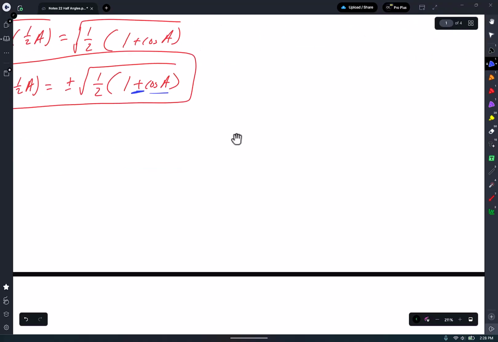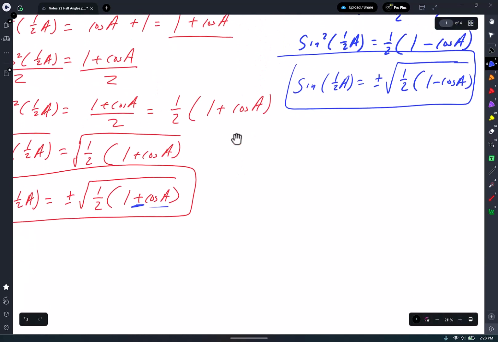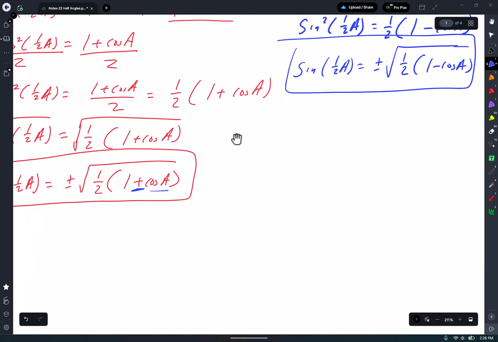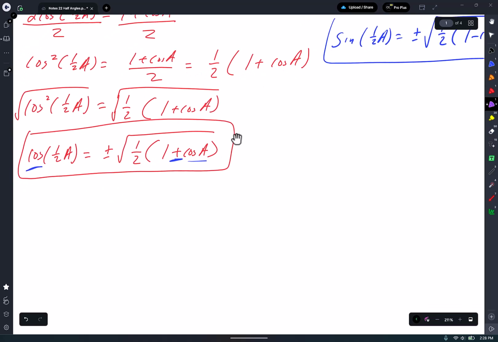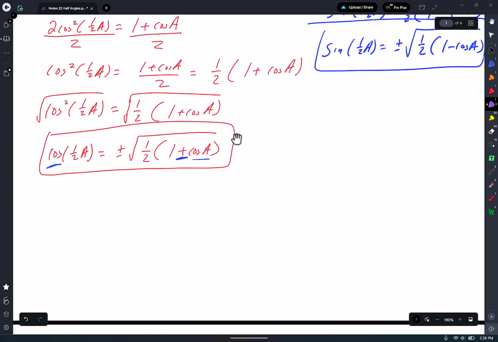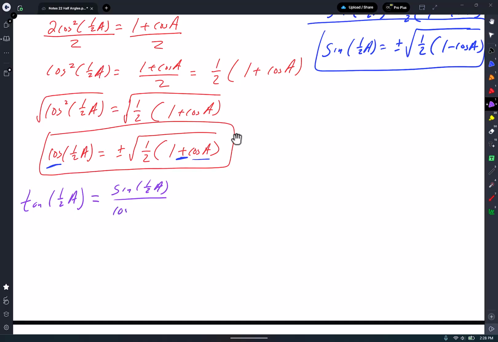Do we have enough space to write tan? Yeah, we do. All right, one last formula, guys. I'll do it in purple. So I'm going to write tan of 1/2 a. And tan is just sine over cosine, right? So I'm going to write sine of half a in the top, and then cosine of half a in the bottom.